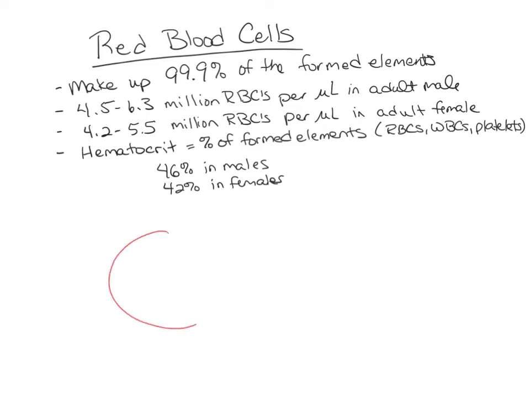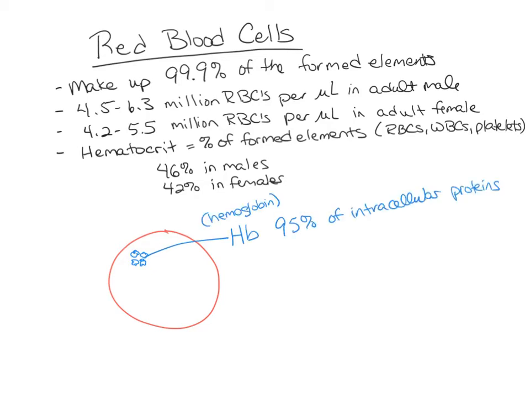Inside each red blood cell are globular proteins called hemoglobin molecules. Hemoglobin makes up over 95% of a red blood cell's intracellular proteins. So let's take a look at one hemoglobin molecule to see what it looks like. So hemoglobin is made up of chains of polypeptides.